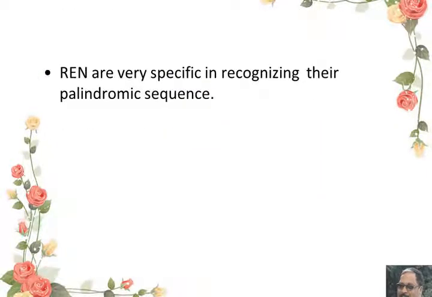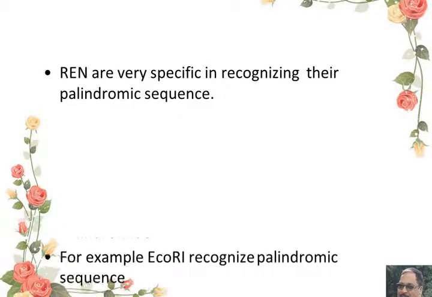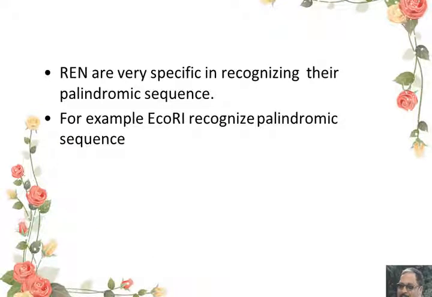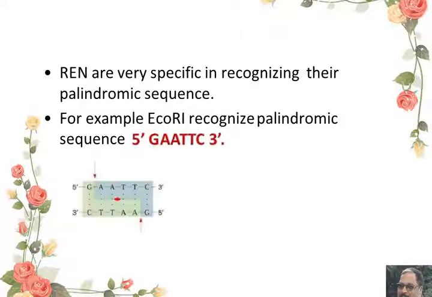The RENs are very specific in recognizing their palindromic sequence. For example, EcoRI recognizes the palindromic sequence GAATTC.